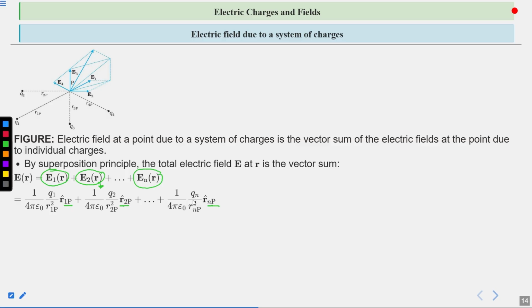Clear? If we find the electric field due to two charges, Q1 and Q2, at point P, we take only two terms. If we find it for n charges, we consider all the terms.